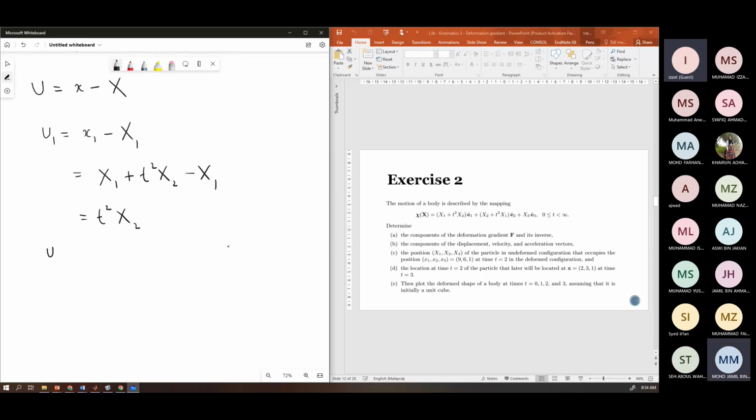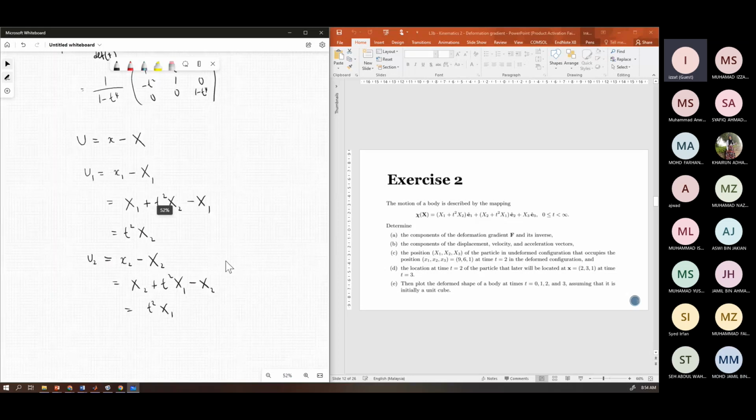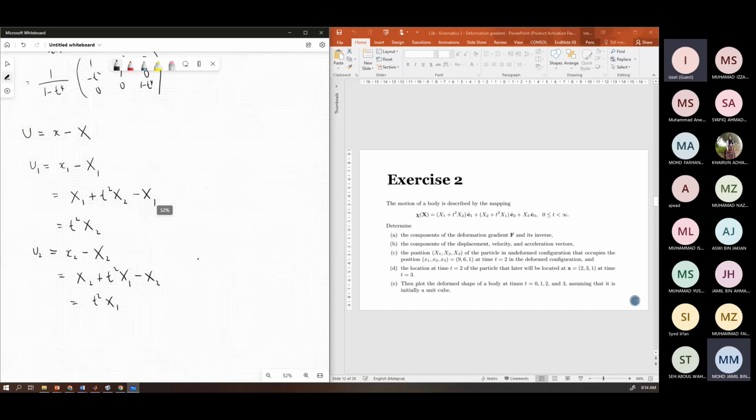And then small u2 is x2 minus big X2. And then lastly, for small u3, okay, so you get 0.